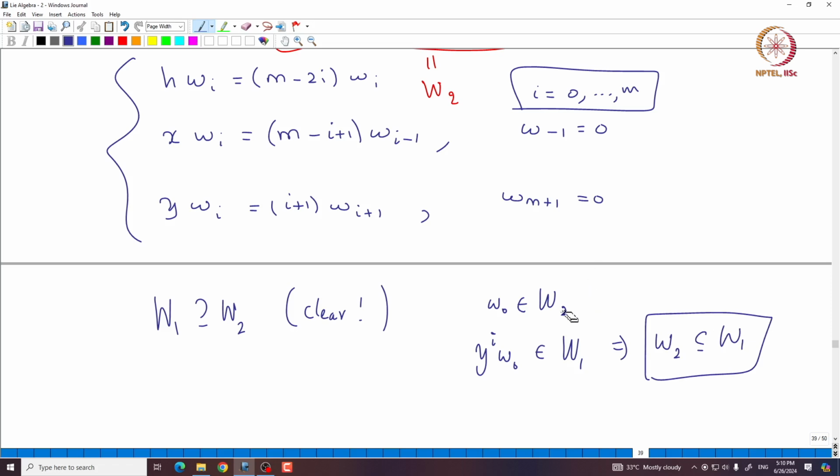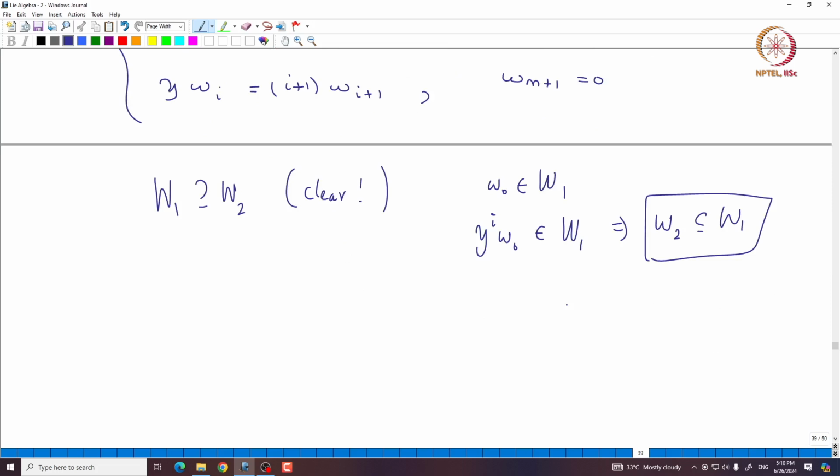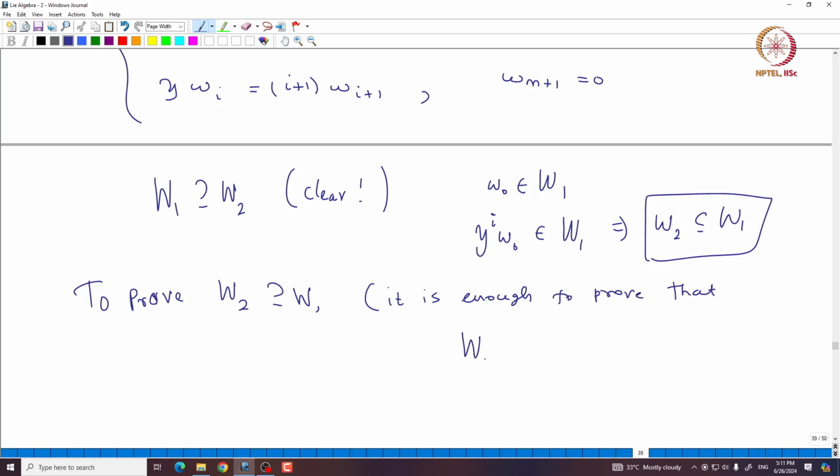Now to prove the other side, that W 2 contains W 1, it is enough to prove that W 2 is indeed an SL2 submodule.